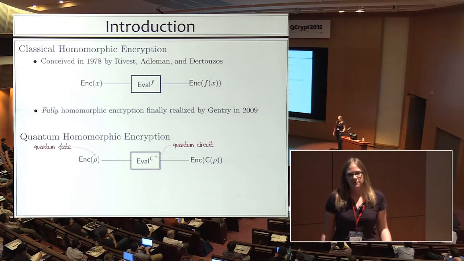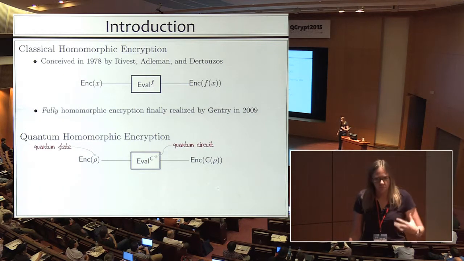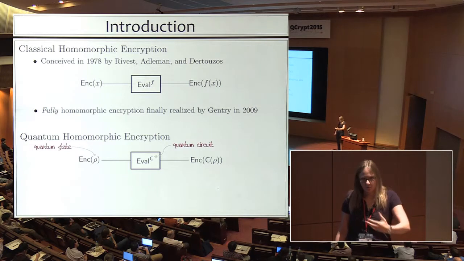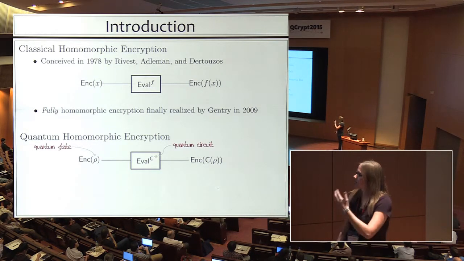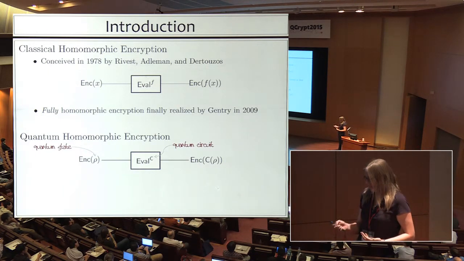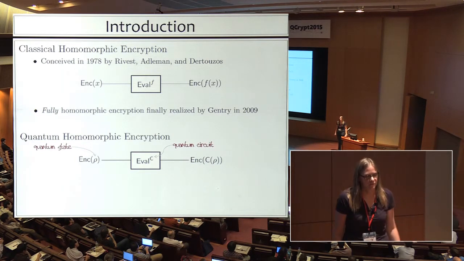So for instance, if I wanted to delegate the factoring of some integer, but I wanted to encrypt this integer, and I want to give this to some server to factor for me homomorphically, this would already be possible using, for instance, Gentry's fully homomorphic encryption scheme. We would just have this function f be some classical circuit for factoring.